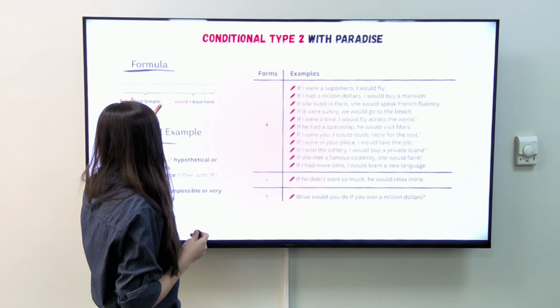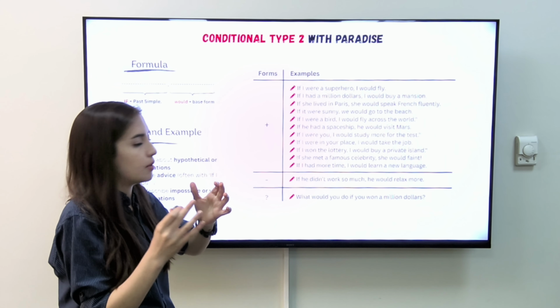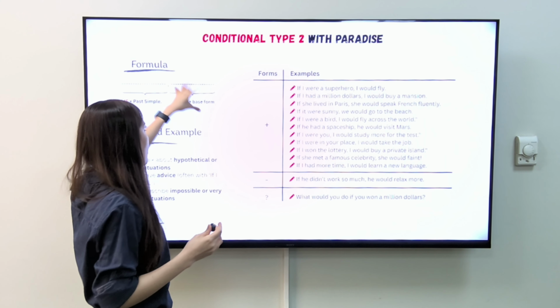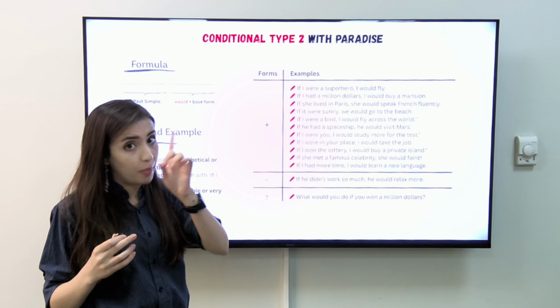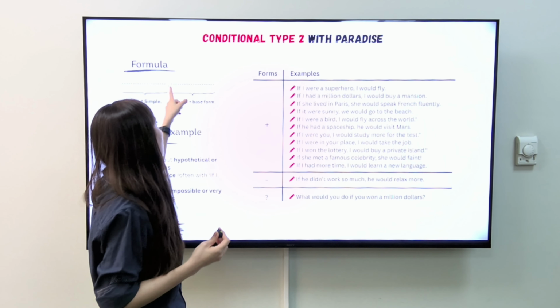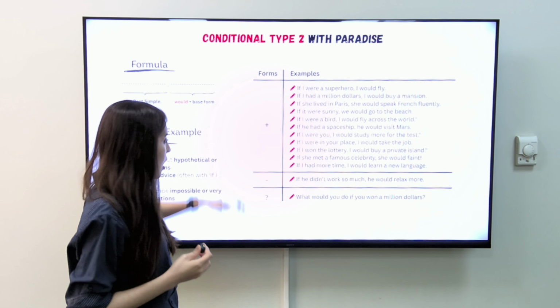I told you in the previous videos that you can put the if part second and the other part first. There's no difference, but keep that in mind. If you put the if second, you don't have the comma. But if the if comes first, we have the comma.